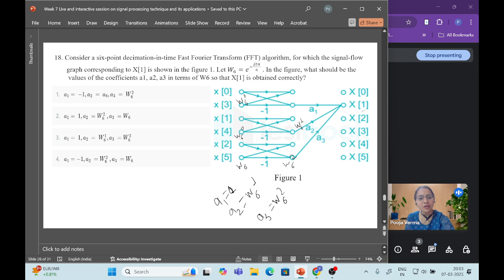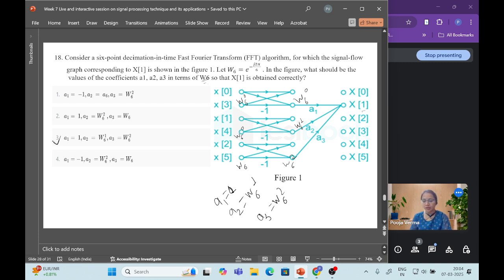A1 will be W6^0, that is equal to 1. So A1 is equal to 1, A2 is equal to W6^1, A3 is equal to W6^2. They have asked in terms of W6, so the values are 1, W6^1 and W6^2. Okay, so option 3 is the correct answer.